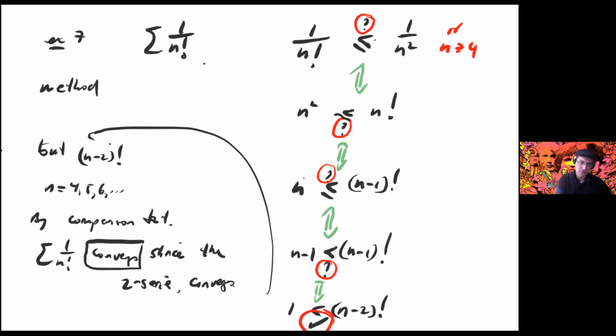It's not the only way to do the problem. I'm going to try to do this in a slightly different way now. So here's an alternative solution to example 7. The idea is this: I'm going to do this in two steps.